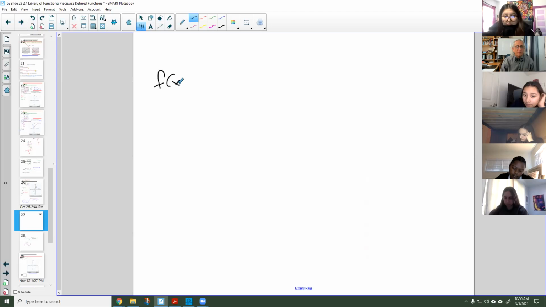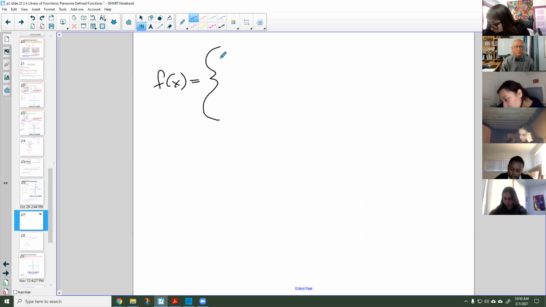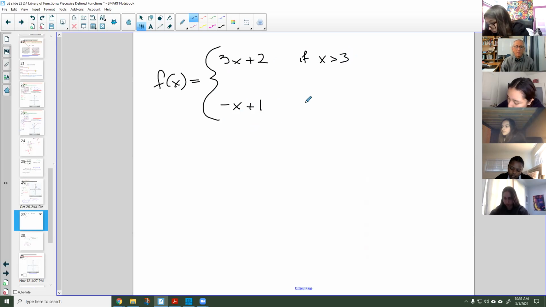So I want f of x is equal to, and then I'm going to put a bracket. 3x plus 2 if x is greater than 3, and negative x plus 1 if x is less than 2.